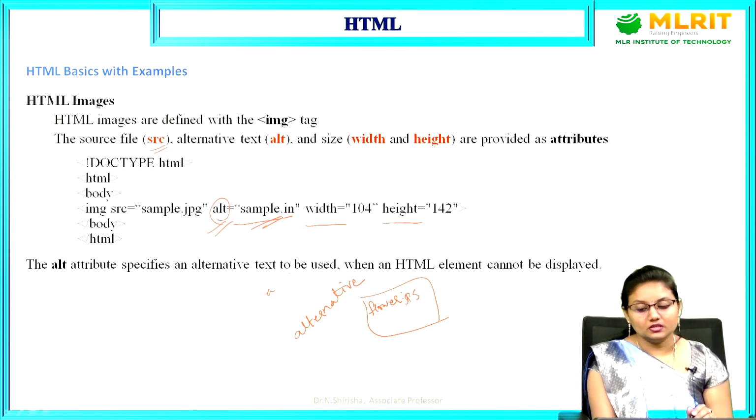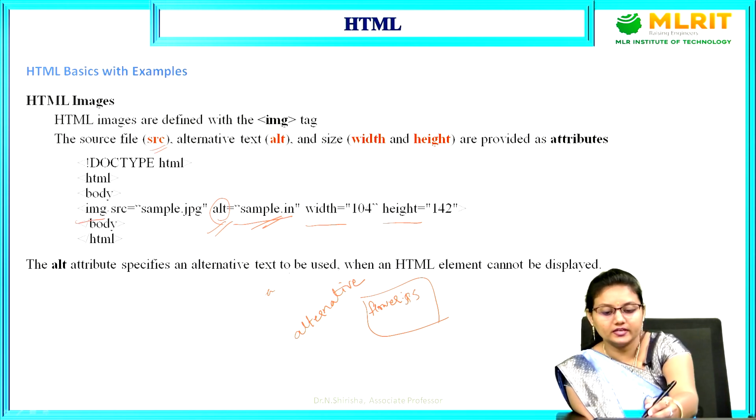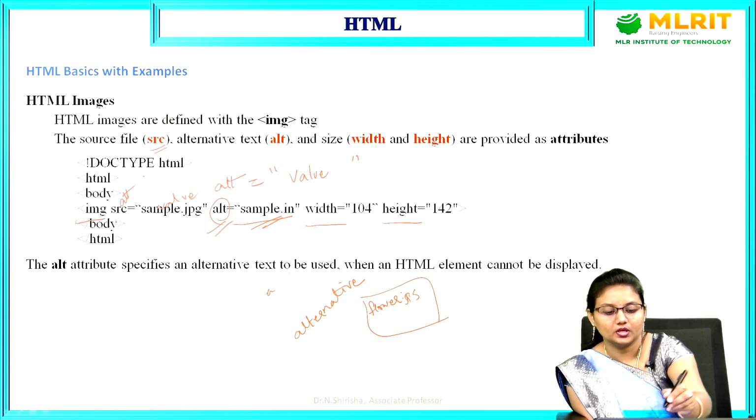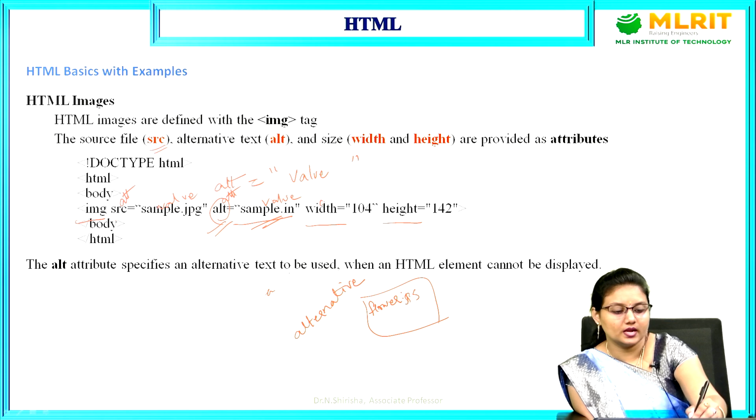If you see here, every tag has an attribute in the format attribute equal to, within double quotes, a value. So source is an attribute, and this is the value. This is the attribute, this is the value. So what is the width?